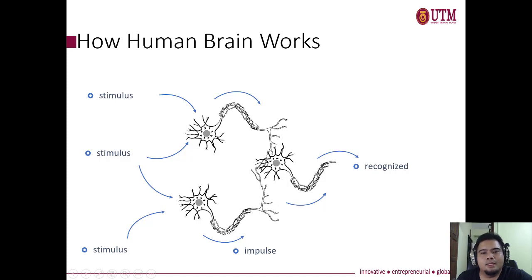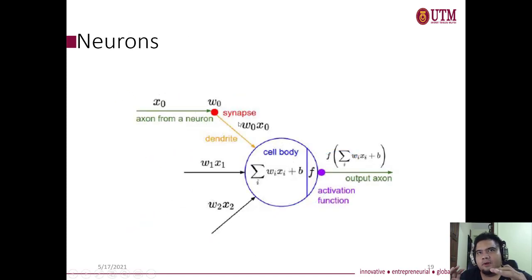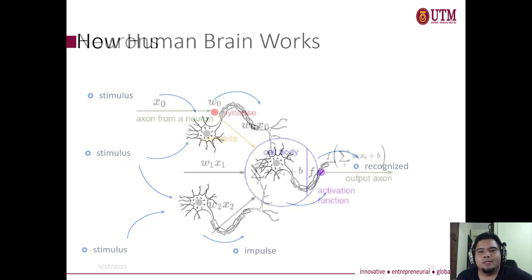So from the perspective of neuroscience, besides the linear function, they also have another function, whose purpose is to trigger or fire when you have enough energy to stimulate and fire the signal to the next neuron.